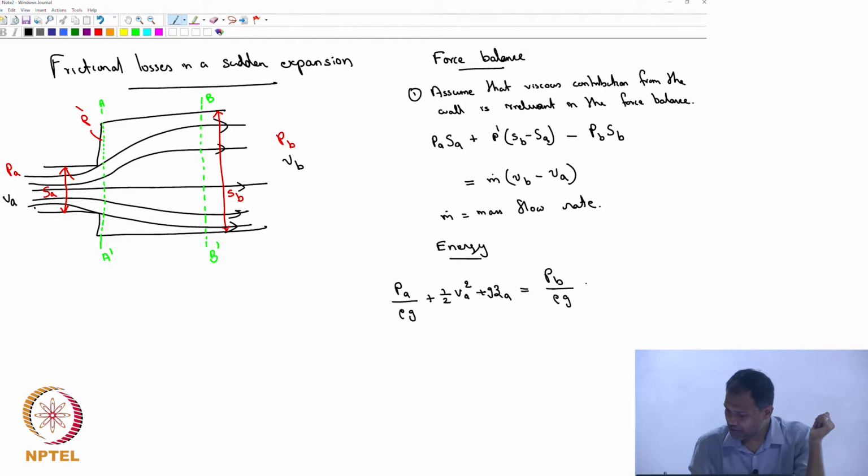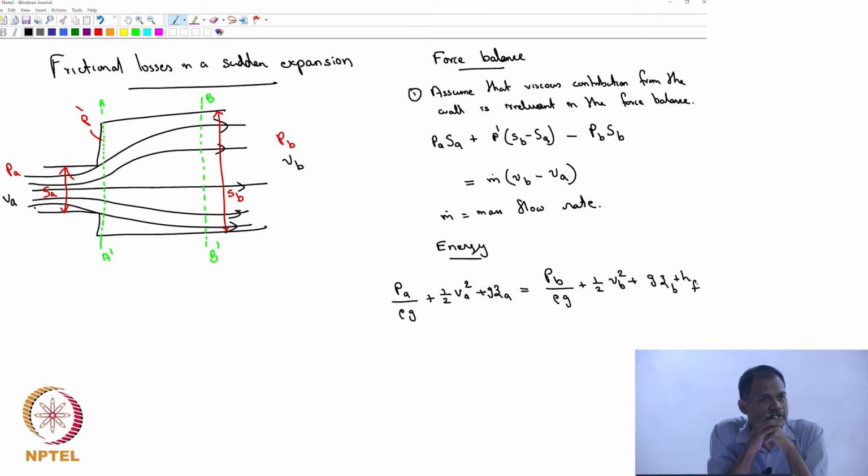Yeah, PB by rho g plus half VB square plus g ZB, plus the other losses, which is what we want to calculate. It's just applying between section A prime and B prime.